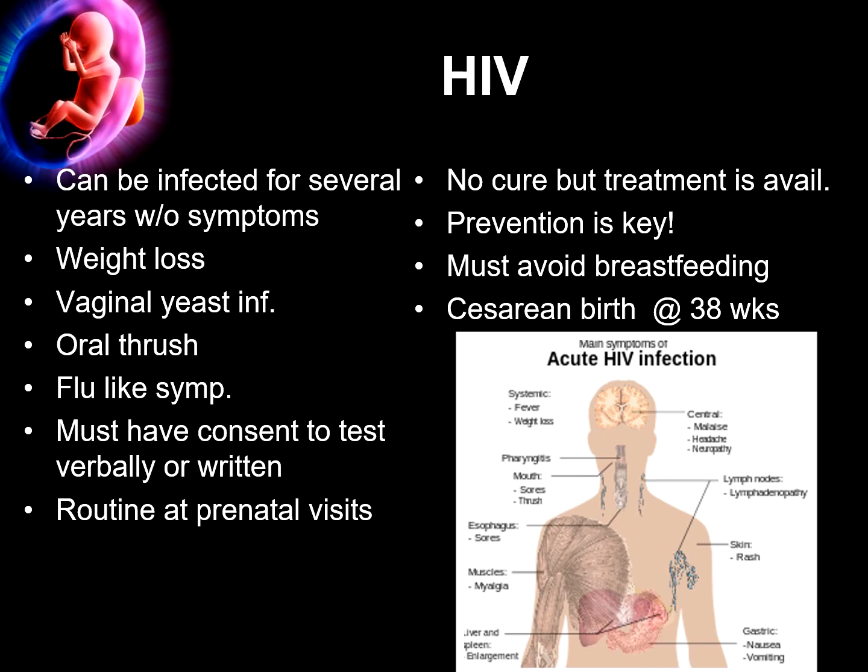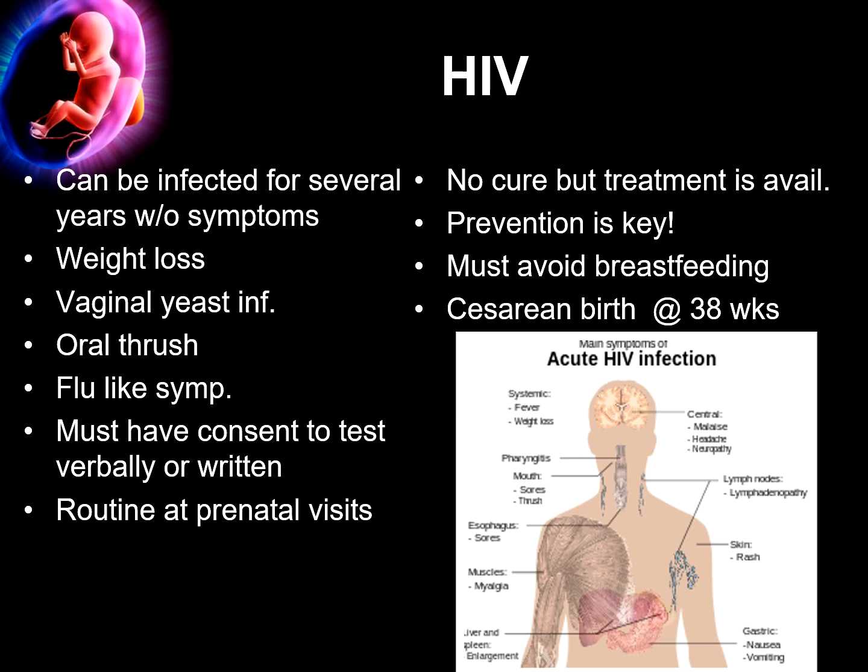They must give consent to tests, verbally or written. These tests are routine at the prenatal visits, but they still have to consent to have the test done. There is no cure, but treatment is available to reduce the viral load of HIV.